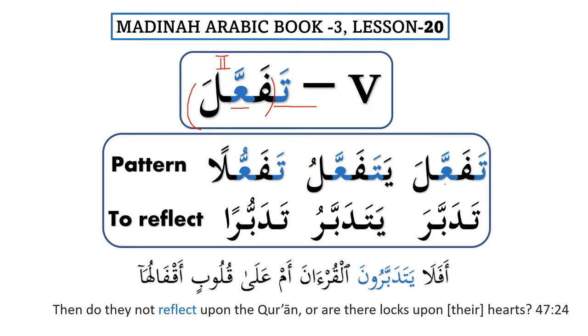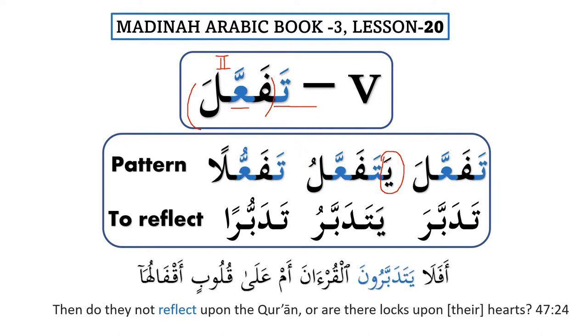When we look at the pattern, we have tafa'ala, yatafa'alu, tafa'ulan. And please notice over here that now the mudari does not have dhamma. We have seen that in the previous forms, like form number 2, 3, and 4, mudari has dhamma, which is unusual.